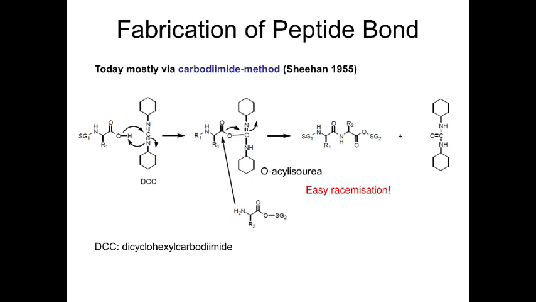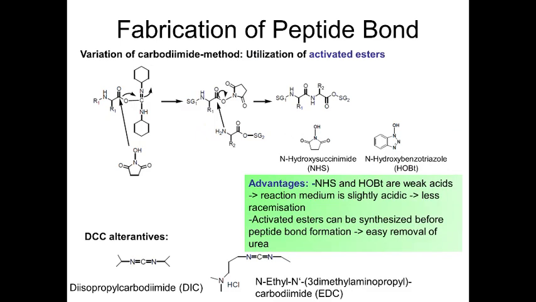The dicyclohexyl urea is a compound that is very hard to remove out of reaction mixtures, and therefore another method has been introduced to form peptide bonds, and this variation of the carbodiimide method is the utilization of activated esters.